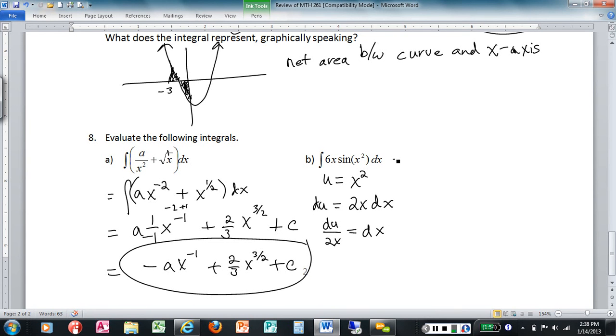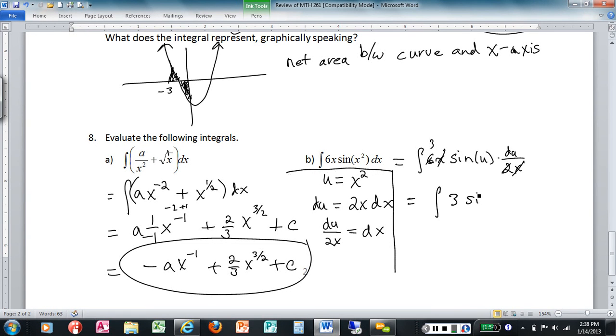So make that substitution, so I have the integral of 6x times the sine of u, and then dx is du over 2x. Make my substitutions there. And then if all works nicely, this x does cancel out with that x. Of course, the 2 cancels and gets me 3. So I have the integral now of 3 sine of u du, which is now just a straightforward antiderivative, isn't it?